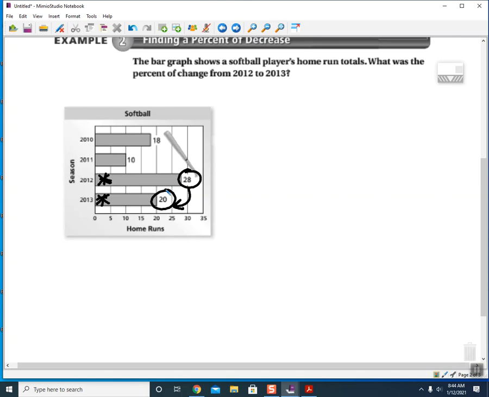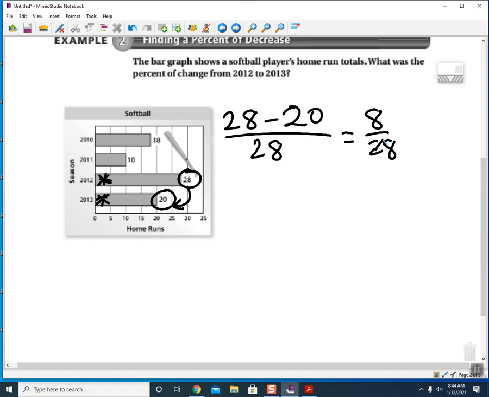So I'm going to take my bigger number minus my smaller number, 28 minus 20, divide by where I started, which was 28. 28 minus 20 is just 8, so I have 8 over 28, which is going to give me about 0.286.